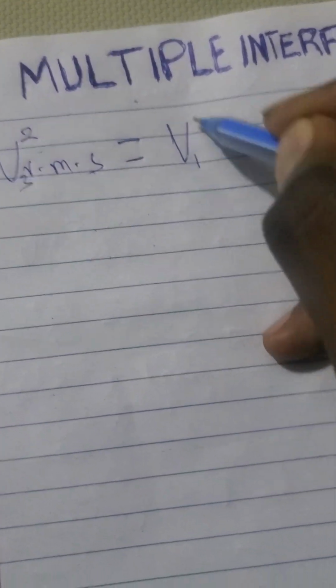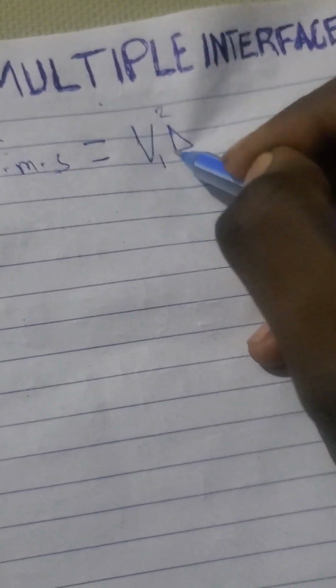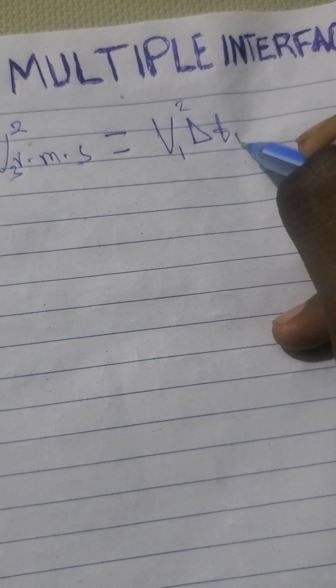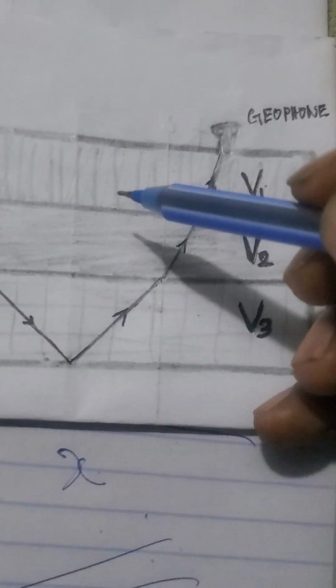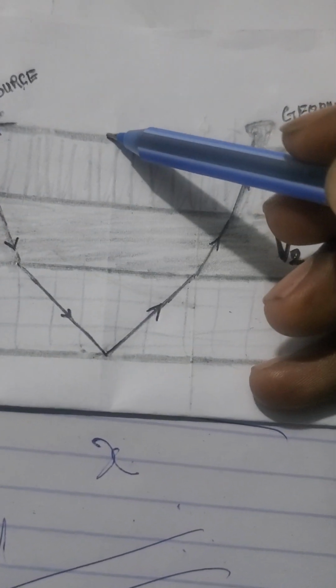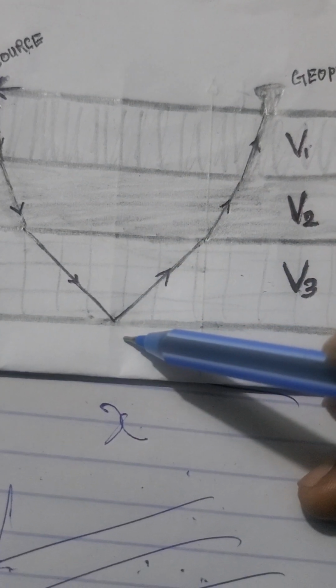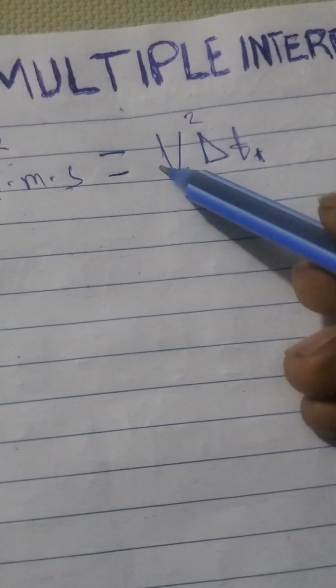the velocity of the first layer squared times the two-way vertical travel time. When I say two-way vertical travel time, I mean the time taken to cover the vertical distance. This is the one-way travel time, and of course, this is the one-way travel time for a certain layer.